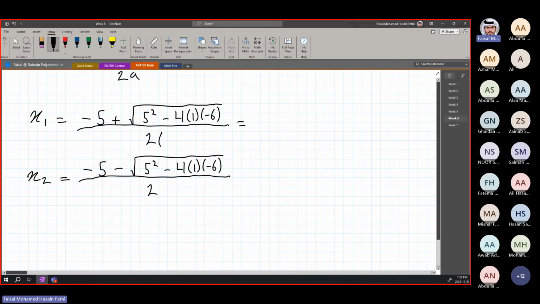So it's 2 into 1. This is 1, and this should be minus 6. I did this in my head, so it would be nice if you guys could double check if my work is right here.